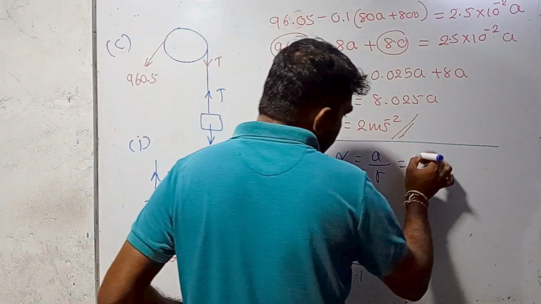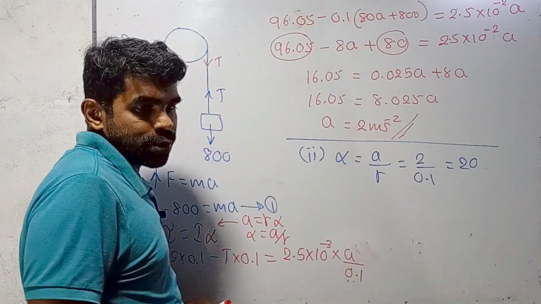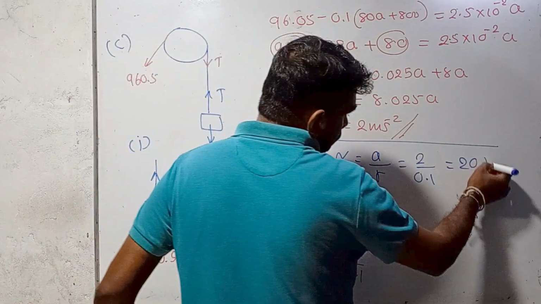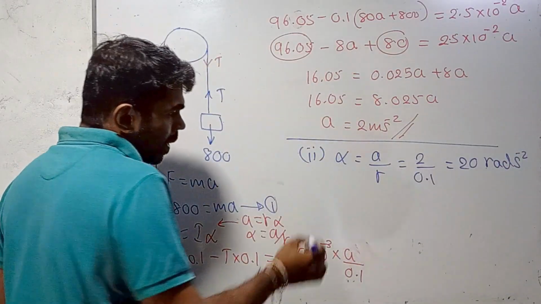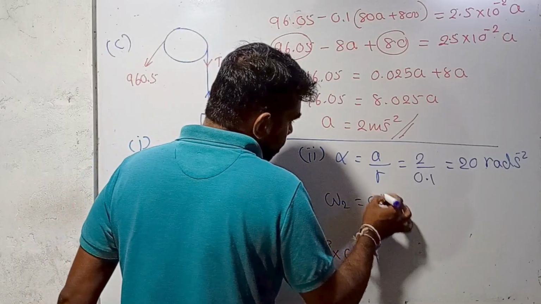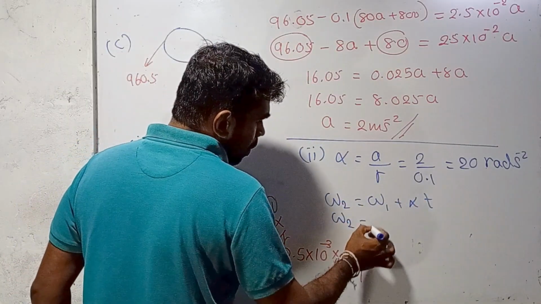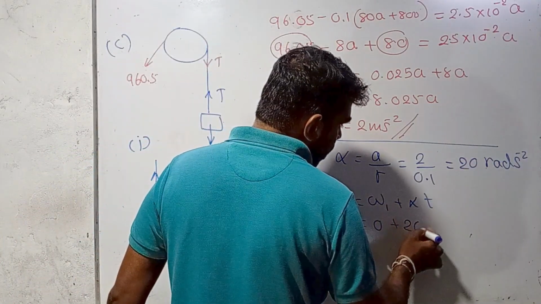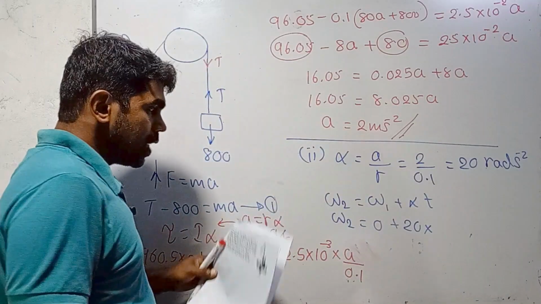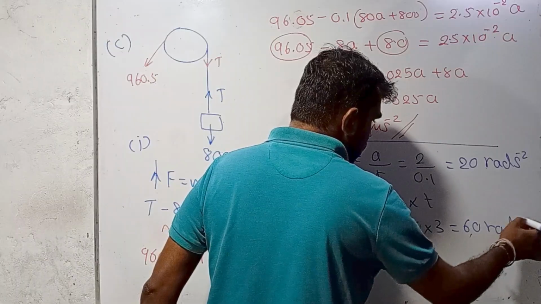Then linear acceleration 2 divided by radius 0.1, it is 20 radians per square second. And we can apply omega 2 equals omega 1 plus alpha t. Omega 2 is the unknown. Omega 1 is 0, it is initially at rest. Alpha is 20 times 3 seconds. It is 60 radians per second.